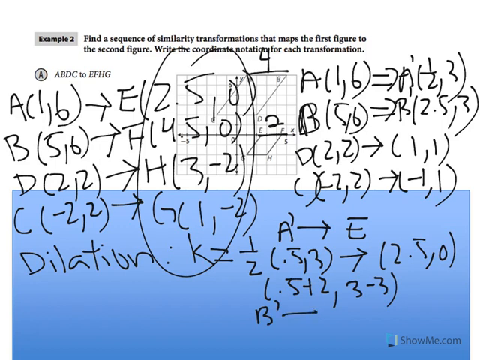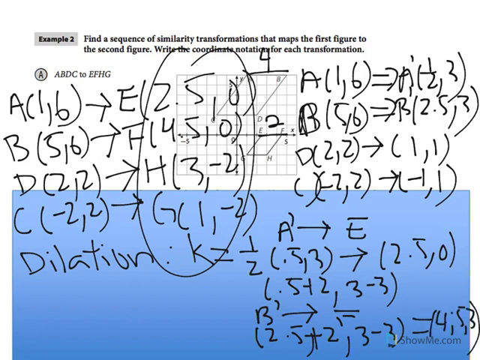B prime will go to our F. So here we have 2.5 plus 2, and 3 minus 3 will go to (4.5, 0), which matches that. Okay, so let me clean up this mess.